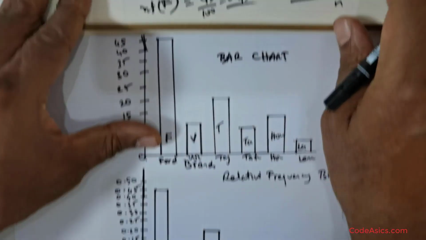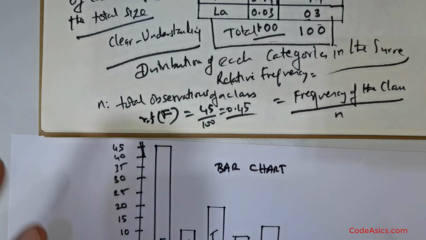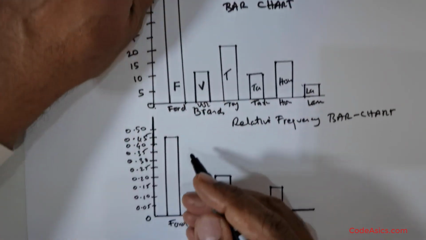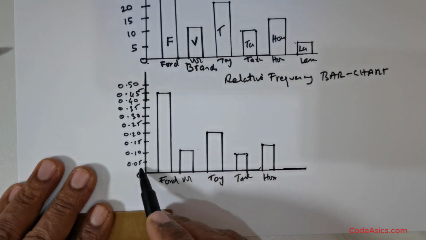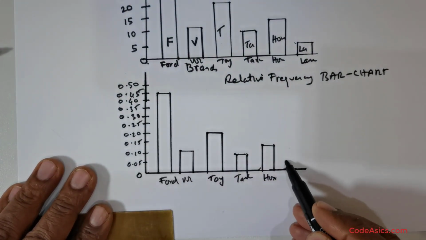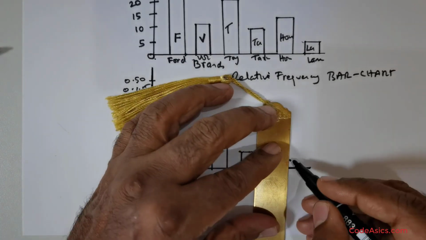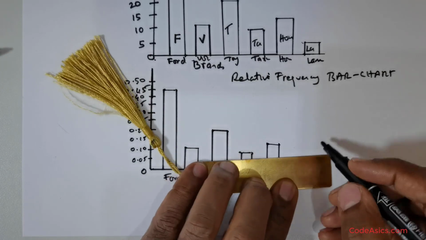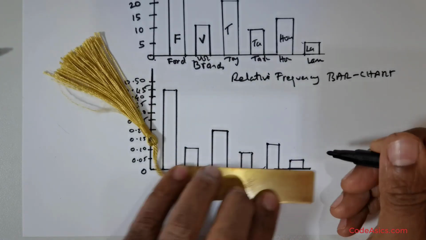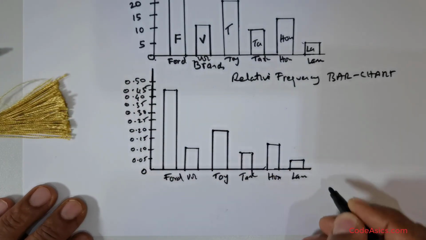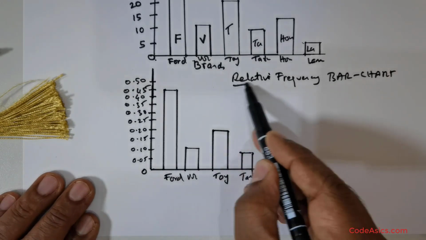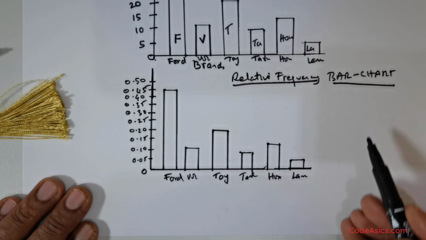You see that? 0.03. So that is going to be somewhere over here. Okay. So draw that. And Lamborghini. So this is the relative frequency distribution using bar chart.